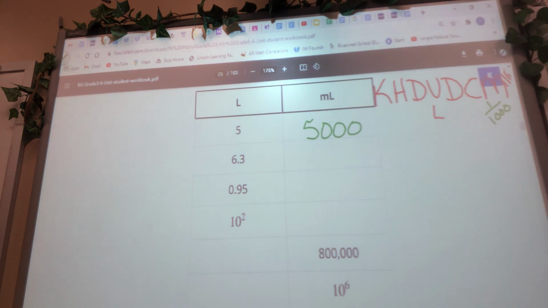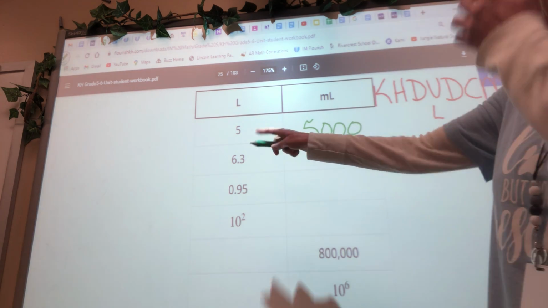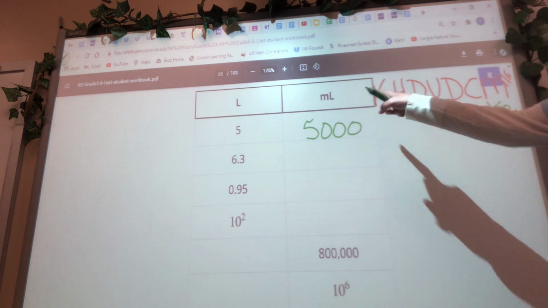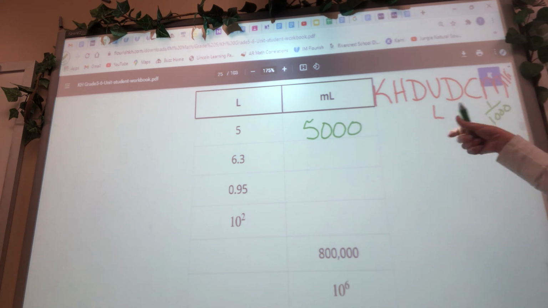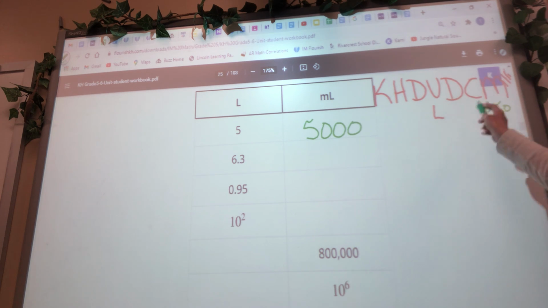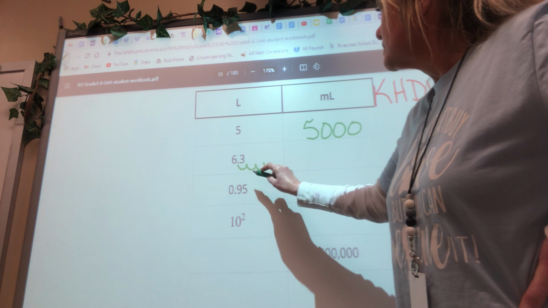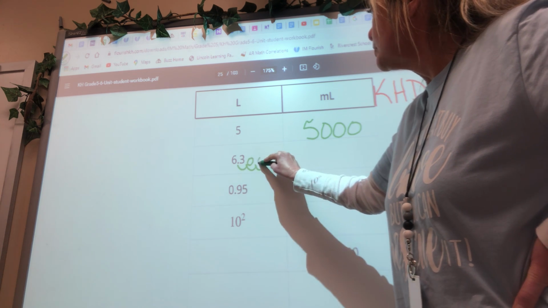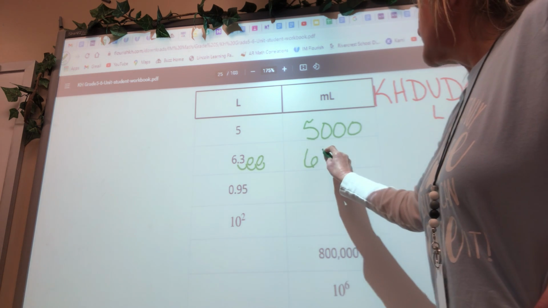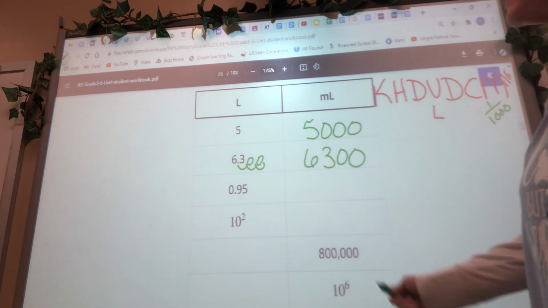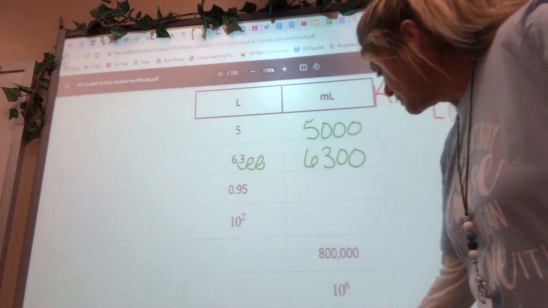Okay, on the next one, if we have 6.3 liters, we're going to milliliters, it's 3 multiples of 10, 1, 2, 3. So we would have 2 empty drop loops. So it would take 6,300 milliliters to make 6 3/10 liters.